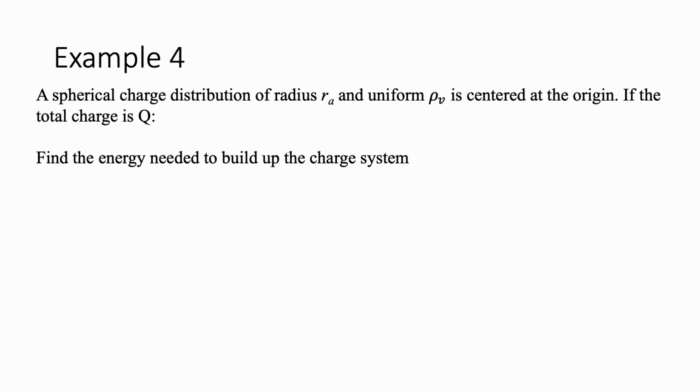A spherical charge distribution of radius RA. So we know it is spherical, so we use a spherical coordinate system, and it has a radius of RA, and it has a uniform charge density, rho V, centered at the origin.